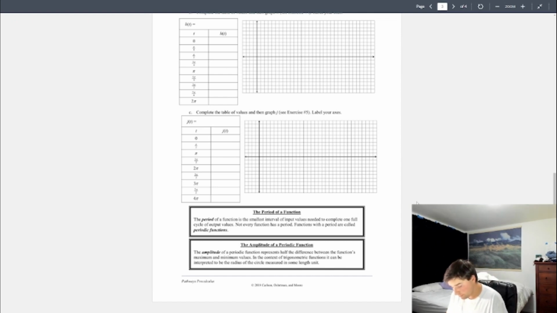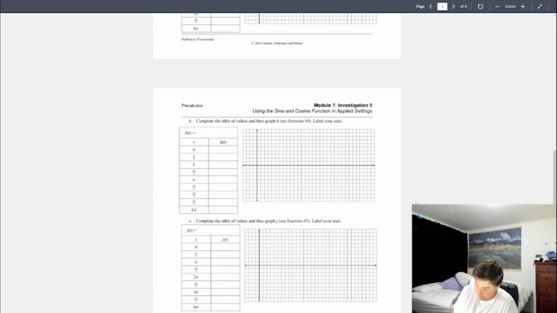What is the amplitude of the functions in part A through C? Okay, we already said. So this one is just 2 pi. The next one is pi, and then it's 4 pi.